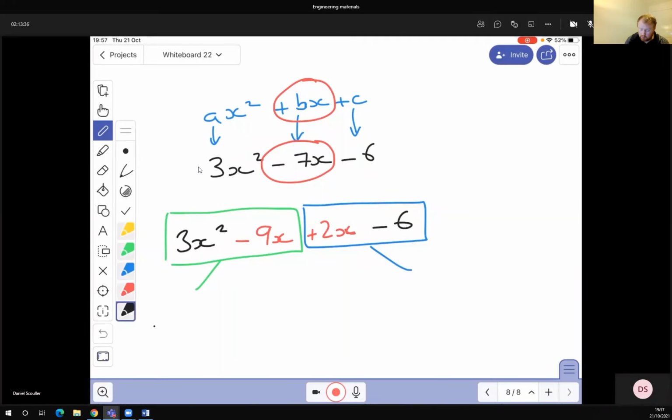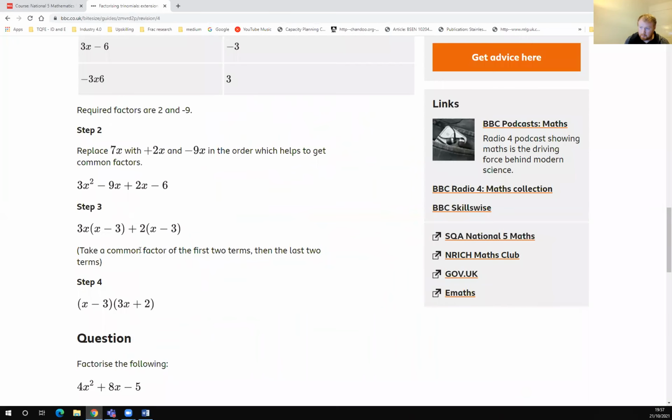So they'd remove 3x from that, and they remove 2 from that. There's still a plus sign in there. So that's what that step is.